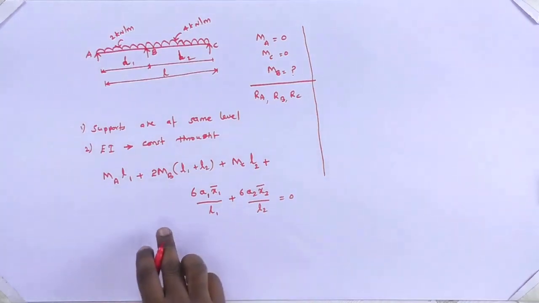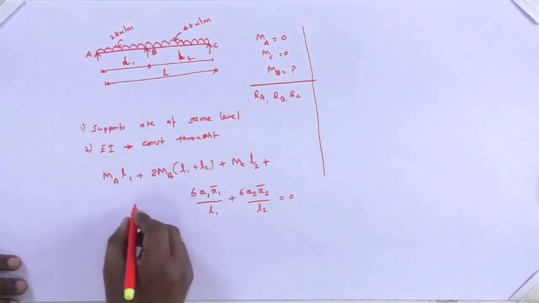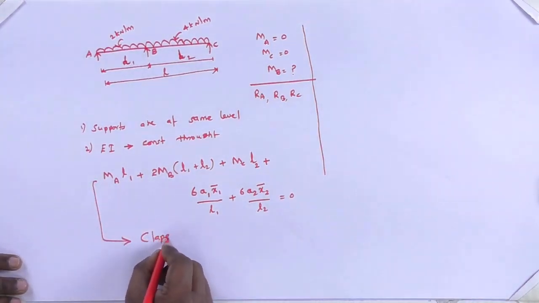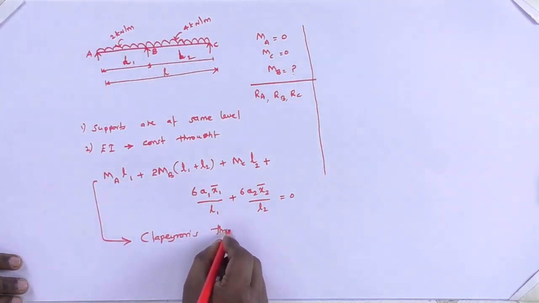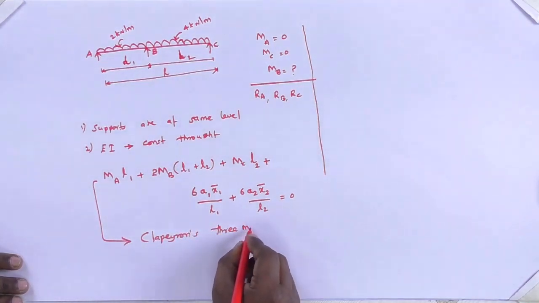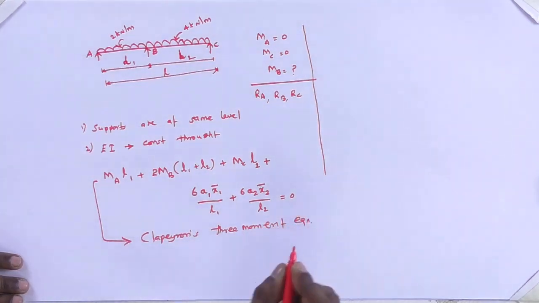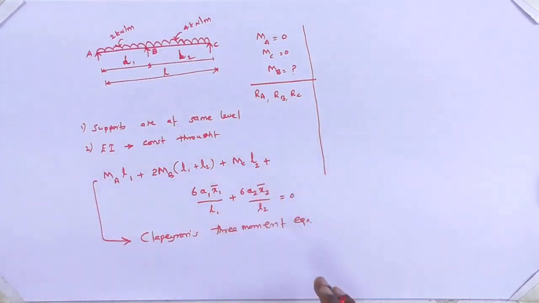So this is called Clapeyron's three moment equation. So by having these two assumptions, I am simplifying the equations.